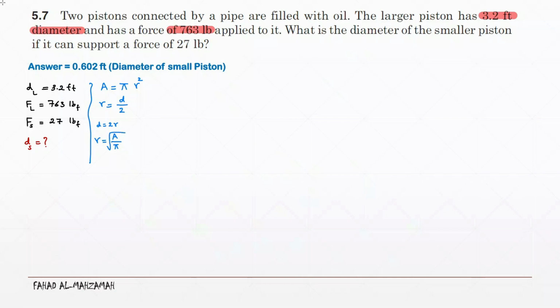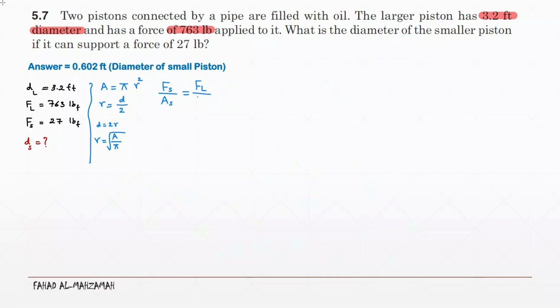So using this formula, and of course the formula of Pascal's law, which is Fs over As equals Fl over Al, and we mean by Fs the force on the small piston, it's given.